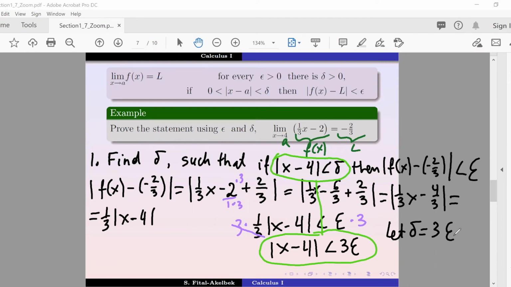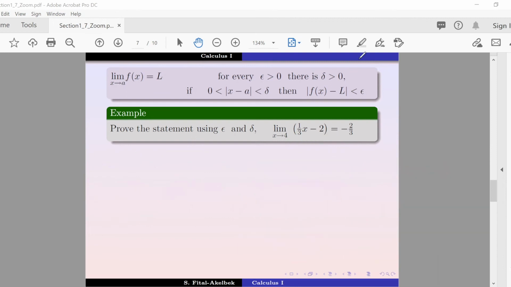Now, second step, we do need to show that the delta we chose works. So let me erase the board. And we have the second step: show that delta equals 3 epsilon works.